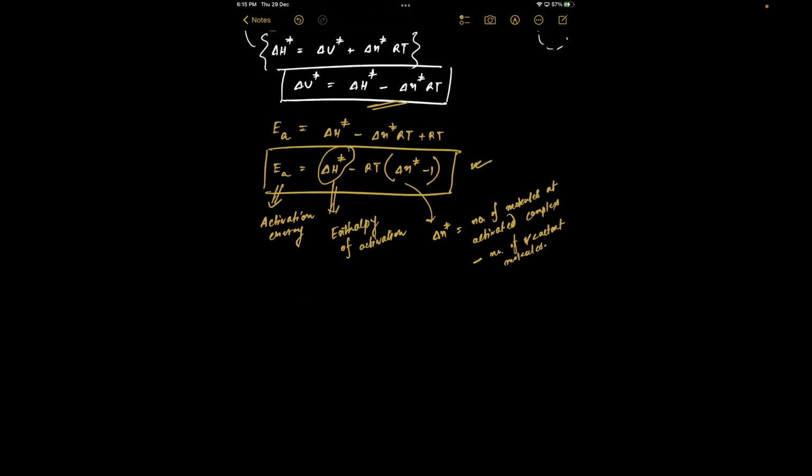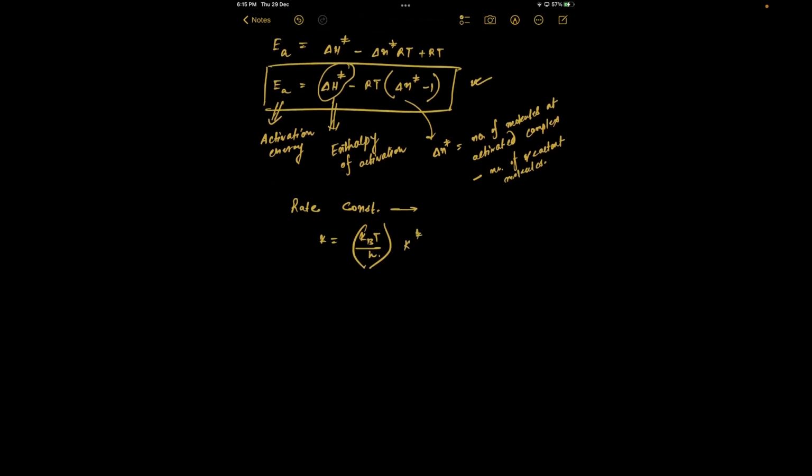So in our original TST expression, we know that the rate constant k equal to kBT divided by h times K double dagger, right? K double dagger is the equilibrium constant between the activated complex and the reactant molecules. Now we can write kBT divided by h times K double dagger in terms of the free energy of activation by RT.